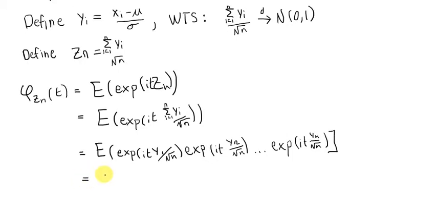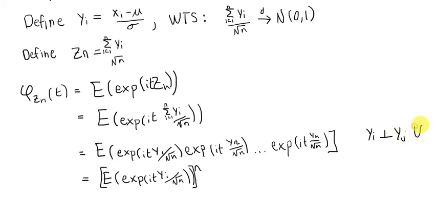This is equivalent to the expected value of exp it yi over square root n, for any arbitrary i, to the power of n. Why we can do this, I'm actually going to put little brackets over here just to make that explicit. We can do this because yi is independent of yj for all i not equal to j.